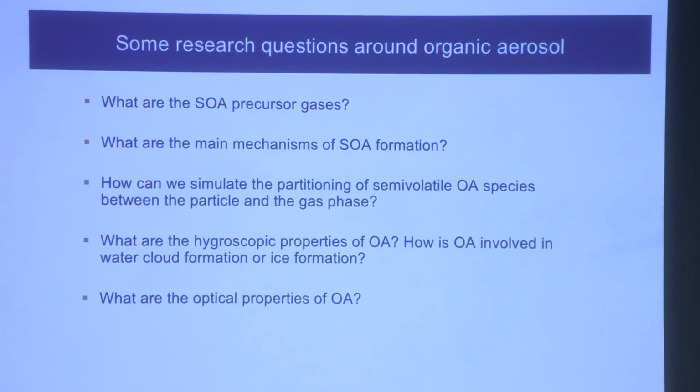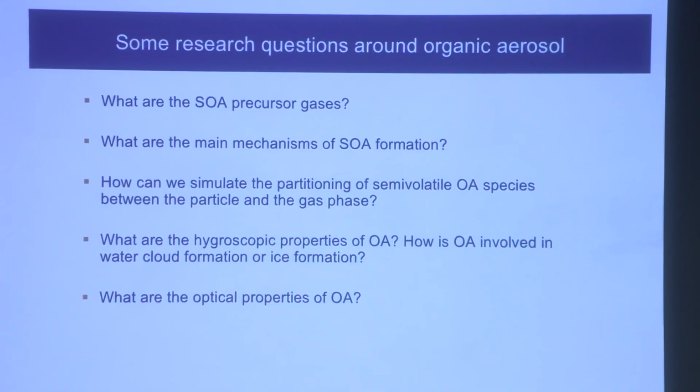How do we simulate this? How do we put this in a model? What are the properties? Are they good at forming clouds? Do we have to worry about it when we do our global model simulations and want to know how many cloud droplets we form? Are they active in ice formation? Do they absorb light, and to what extent? What's their refractive index, right? So real and imaginary part.